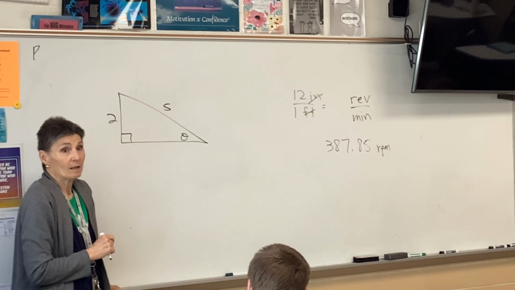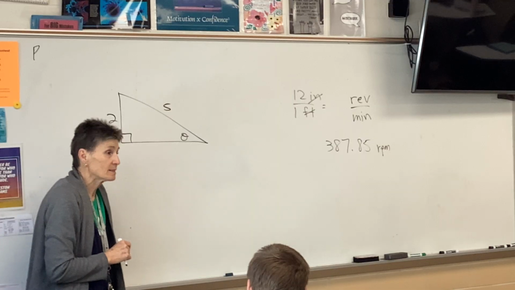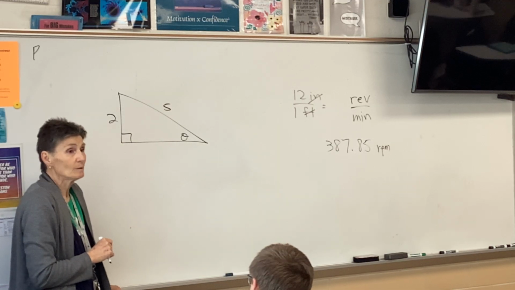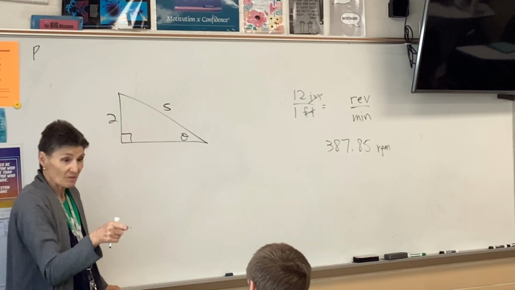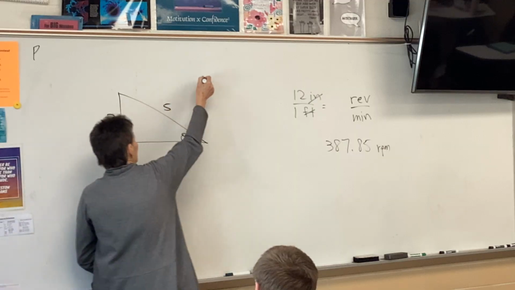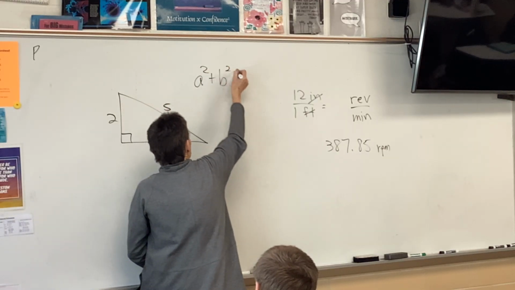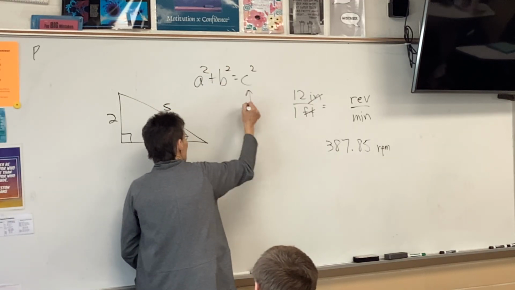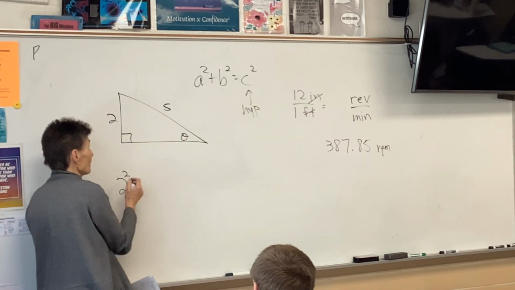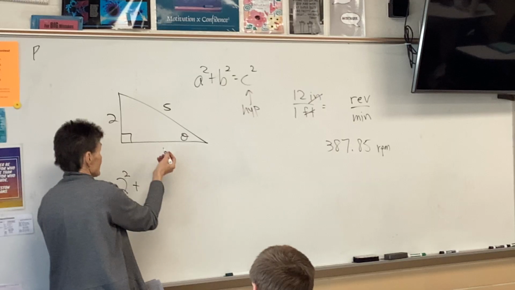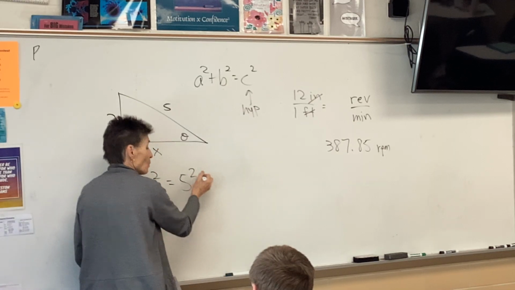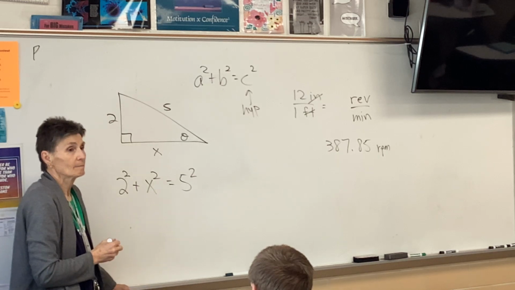Yours is a little harder than the last one because something's missing. So what are we gonna have to do? Pythagorean theorem. And remember, when you do the Pythagorean theorem, this is the hypotenuse. So 2 squared plus x squared equals 5 squared. Is that all right with everybody?